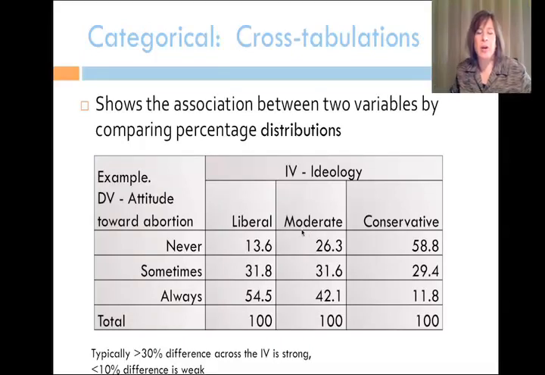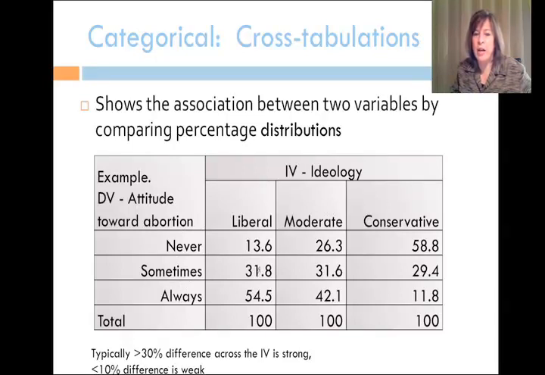Here's an example of looking at two categorical variables. We have ideology as our independent variable, and it has just three categories: liberal, moderate, conservative. The dependent variable, attitude toward abortion: never okay, sometimes okay, always okay. And so this cross-tabulation is looking at the relationship between ideology and attitude toward abortion.